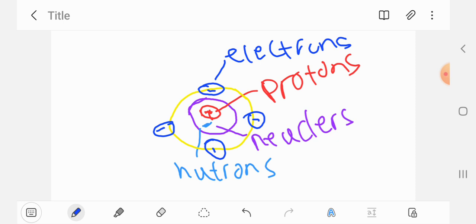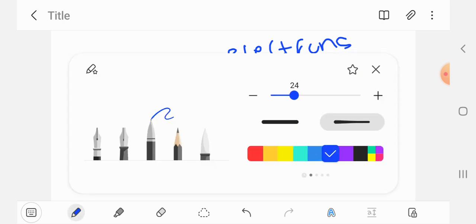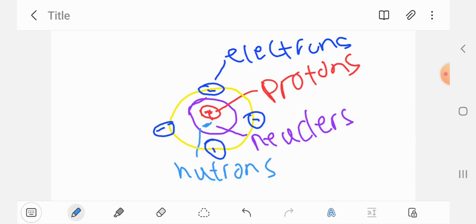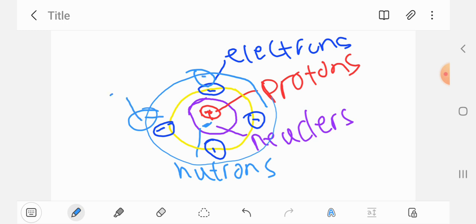And then we can have maybe another layer like that one, and then we have probably two electrons on this one. So the electrons on the outer layer are called valency electrons.